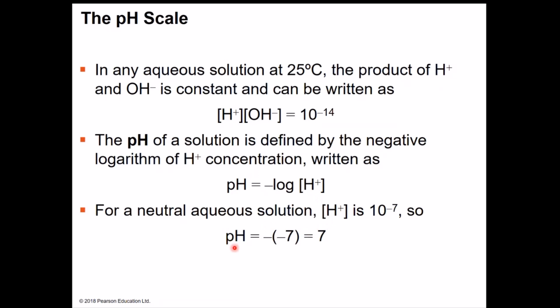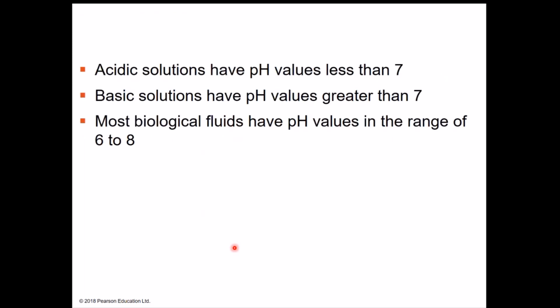But the gist of all of this is summarized in the statements here: acidic solutions have pH values less than 7, basic solutions have pH values greater than 7, and most biological fluids have pH values in the range of 6 to 8.